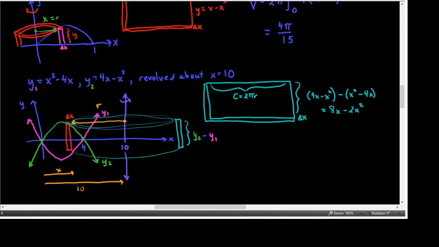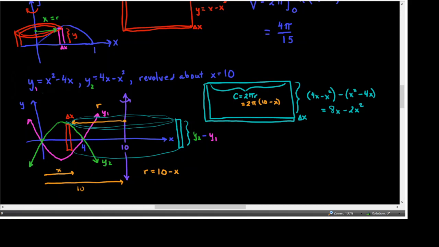Well, I'm hoping that you see that r is the total length 10 minus the length x. Okay? So this is not a simple x, this is a 10 minus x. So it'll be 2 pi times the quantity 10 minus x for the circumference, the length of that rectangle.